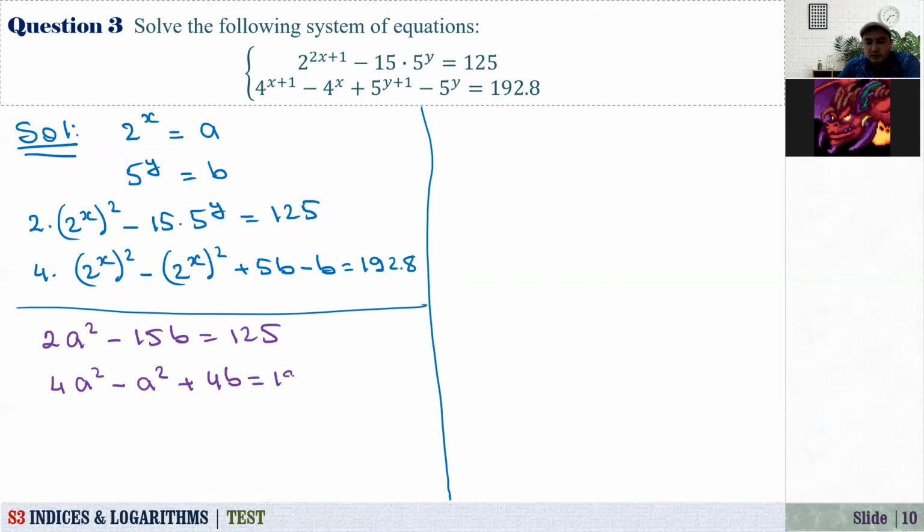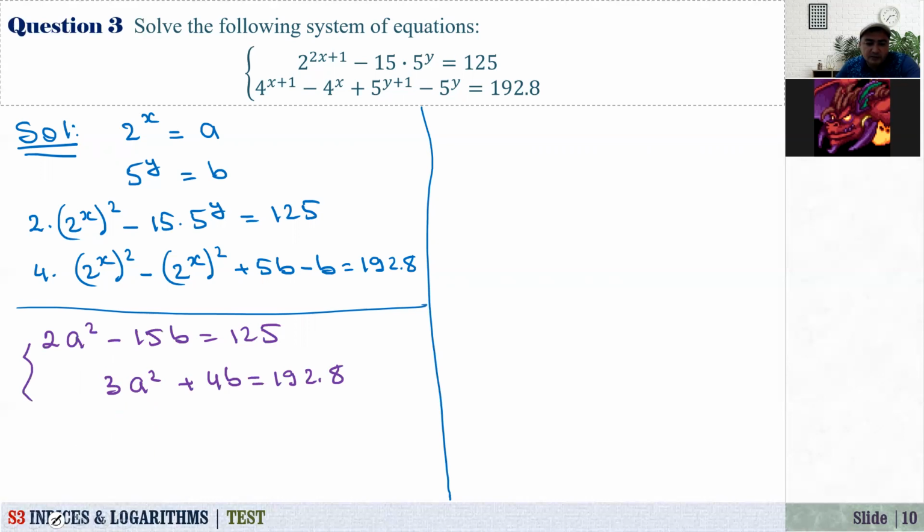That's equal to 192.8. But here for 4a squared minus a squared, we also just simplify this, write it as 3a squared. So that is 3a squared. Okay. So now let me just solve this for a and b.